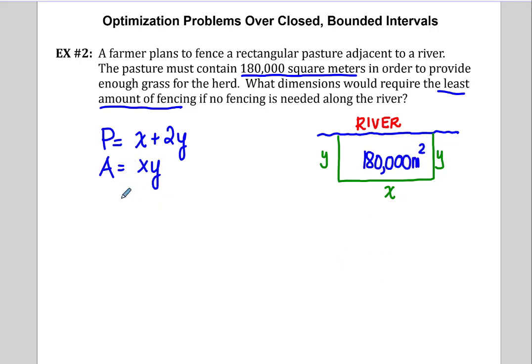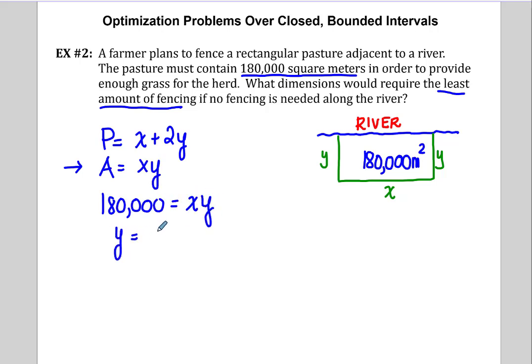So just as before, if we solve, what are we minimizing? Least amount of fencing. So that's perimeter, which means we're going to take the secondary equation, A, area, and say that the area is 180,000 is x times y.